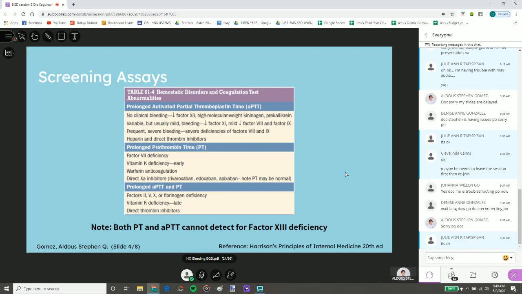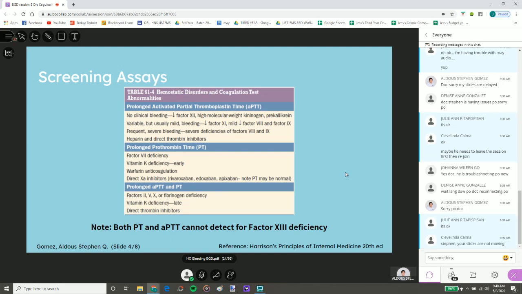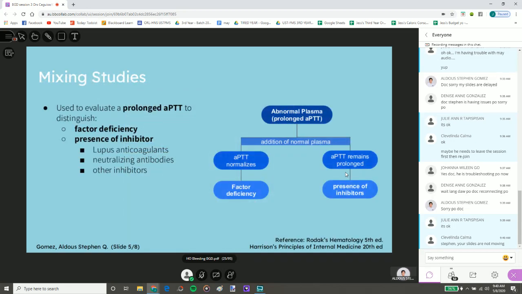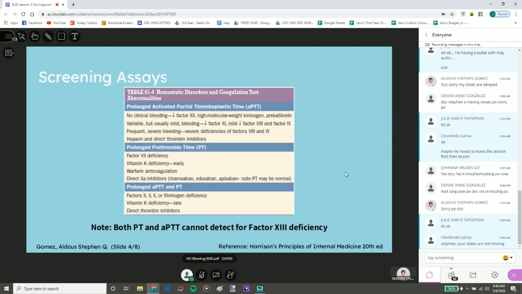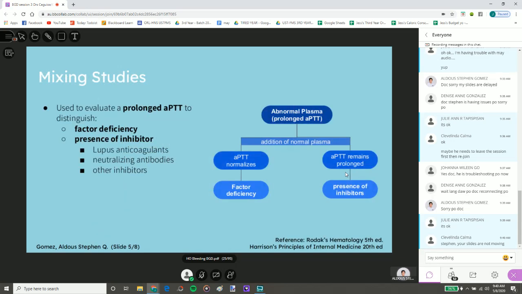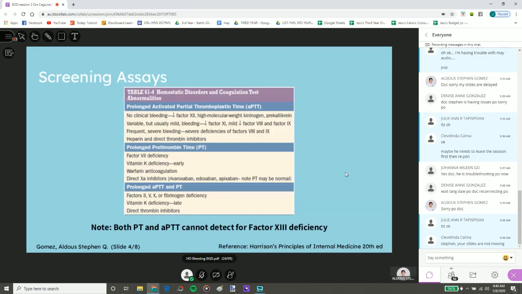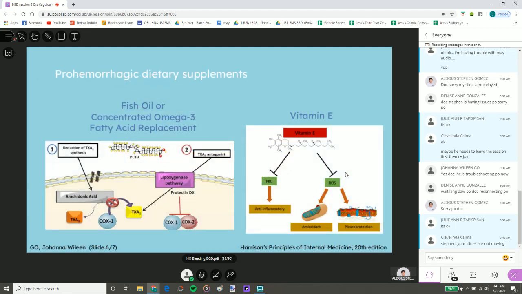We have the abnormalities seen when there is prolonged APTT and PT. So, as mentioned earlier, those indicated for APTT would be those who have factor 8, 9, 11 deficiencies and those undergoing heparin therapy. For PT, what's happening?